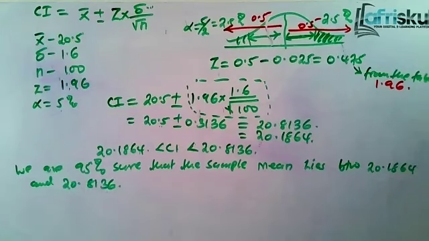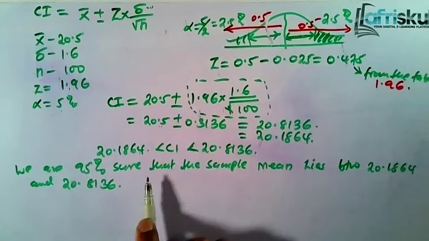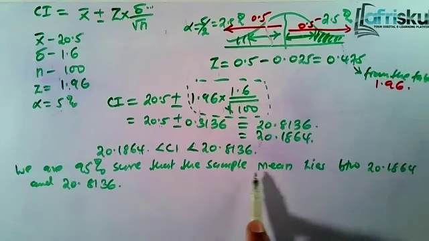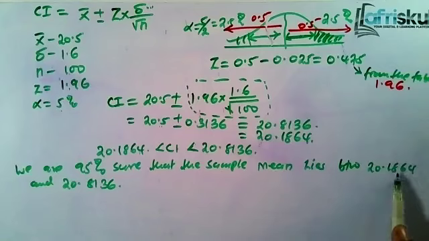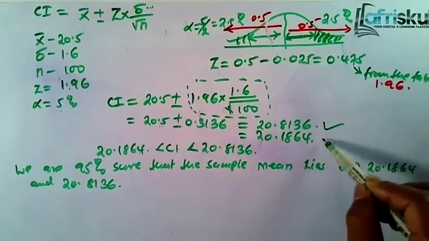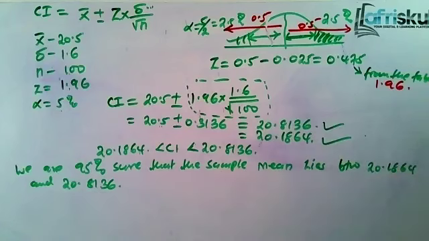So that's how you comment. We comment that we are 95% sure that the sample mean rise between, put the lower and the upper limit there. And those are what we have found here, both of them. As simple as that.